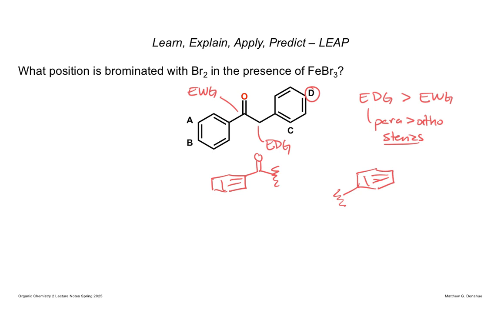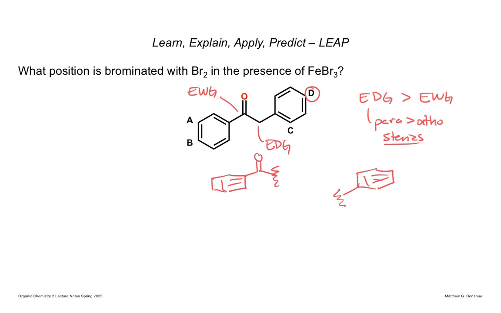If you're putting it on position D, it's furthest away from that methyl group at the 4 position. If you put it at position C, it's really big, and then it's got this methyl group next door. So the substituents are pushing themselves away from each other, and that's steric strain.